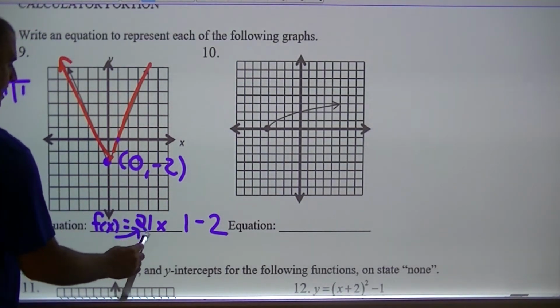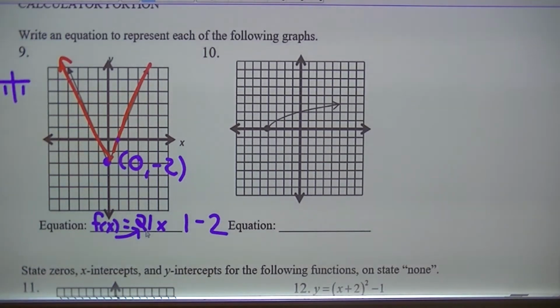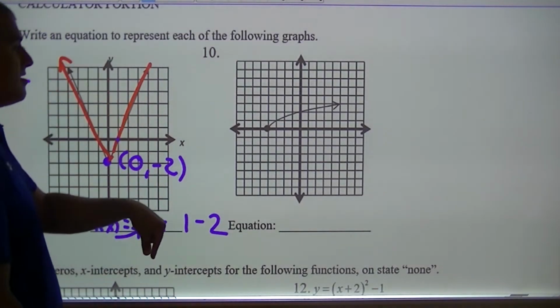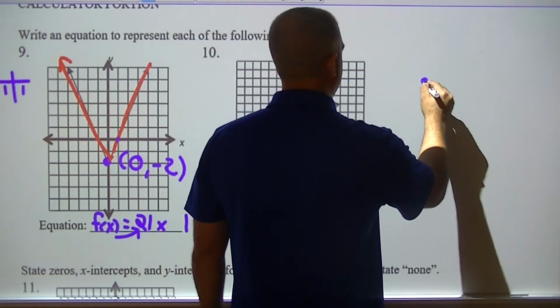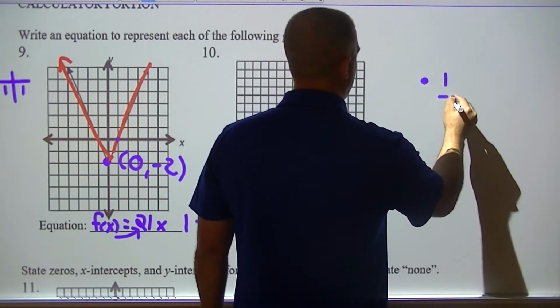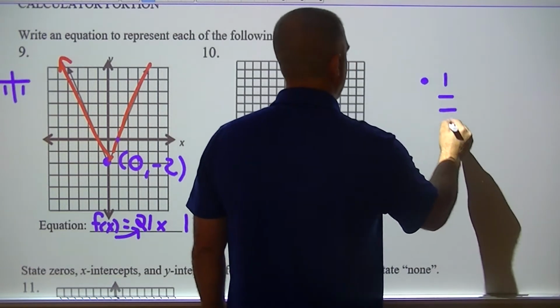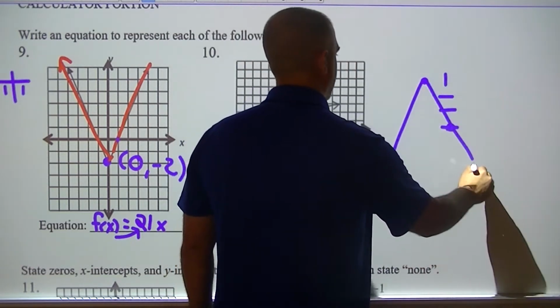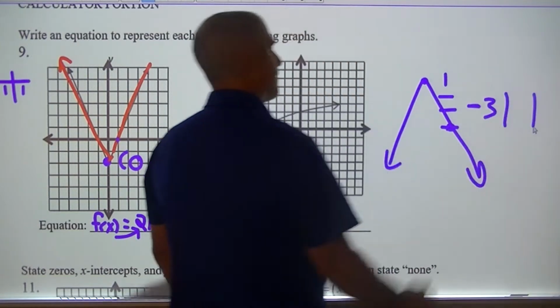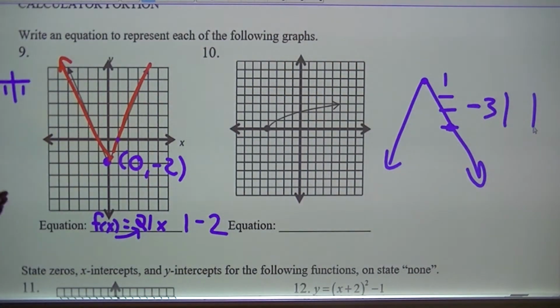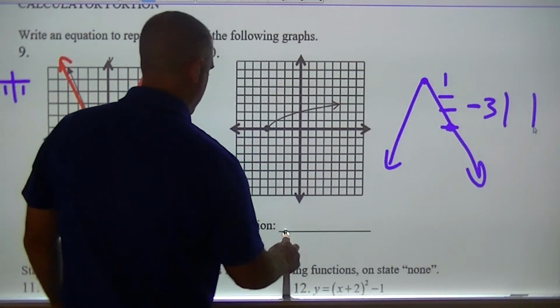So that's why that number is a 2. If the graph were to go down, let's say you went 1 right and 1, 2, 3 down, then you would put a -3 out in front of the function. That's something you should know. Now this is a square root function.